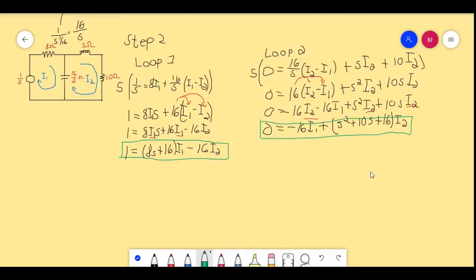Now let's move on to our third step, in which we would now be able to get the frequency domain equations for both I1 and I2. As mentioned a while ago, we could use any method that you have learned in your linear algebra class in order to eliminate one equation from 2 equations, 2 unknowns. So in this specific scenario, we would be using substitution as our method in trying to eliminate one of the variables and get the value for either I1 or I2.